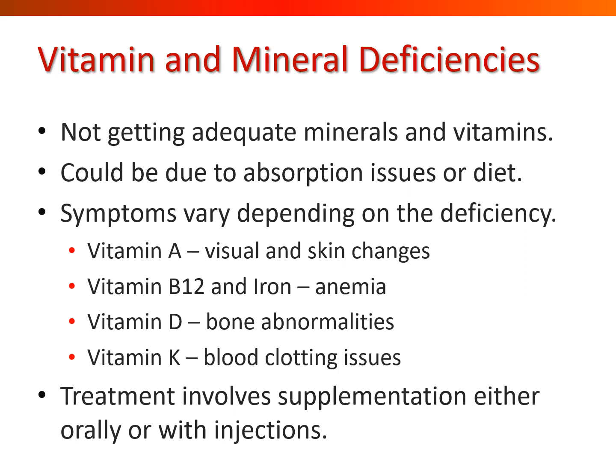So the body is pretty careful about not allowing these things to build up, which means that you have to be eating a pretty constant source of them. So if you're not eating a good diet that includes a mixture of vegetables, then you could be functioning in some sort of a mineral or vitamin deficiency.